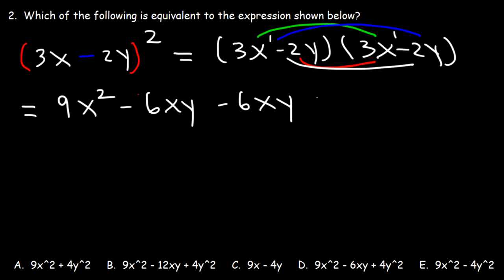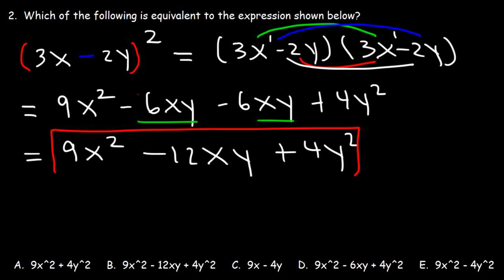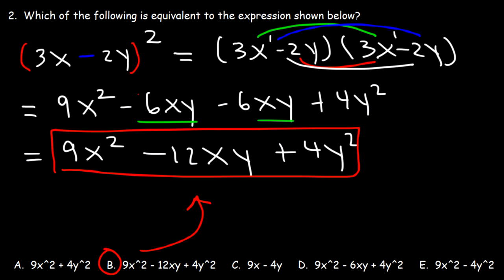And -2y times -2y is positive 4y squared. Now the last thing that we need to do is combine like terms. -6 plus -6 is -12. So the final answer is 9x squared minus 12xy plus 4y squared. So this is the solution. Therefore, this corresponds to answer choice B.